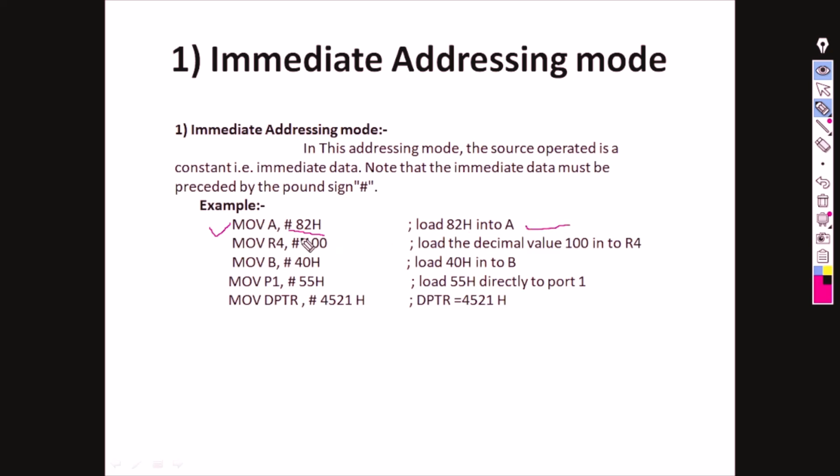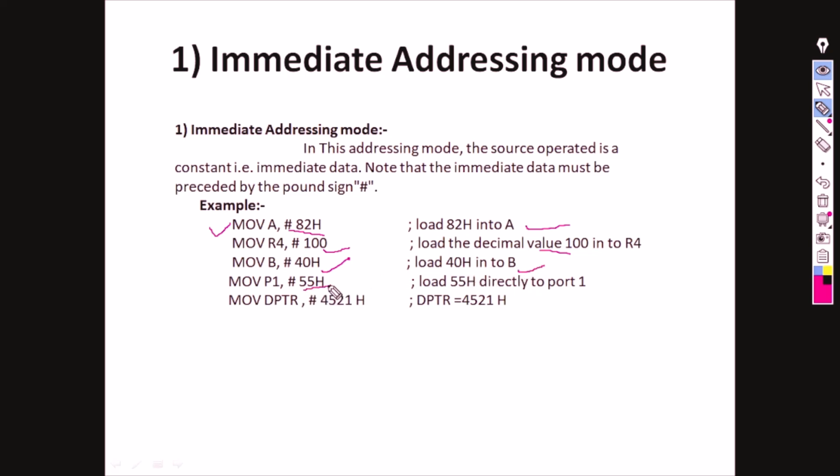MOV R4, #100 loads the decimal value 100 into the R4 register. MOV B, #40H is immediate addressing mode, so it loads 40H into register B.